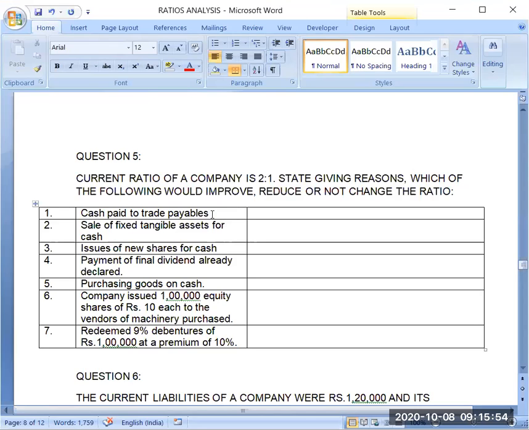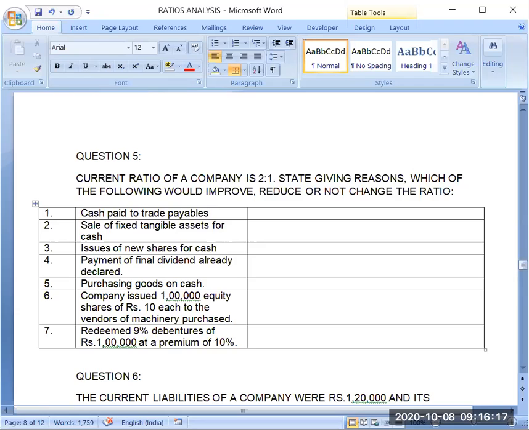Sometimes it is also possible that we will observe whether the numerator is changing or the denominator is changing, and due to that change we will be able to decide whether the ratio will increase, decrease, or there will be no change. So we will practice one question, just observe it.